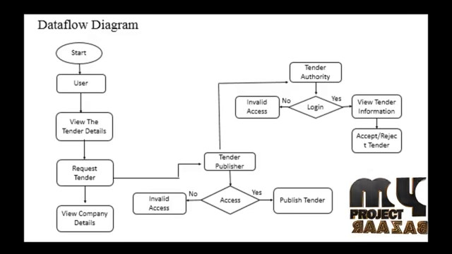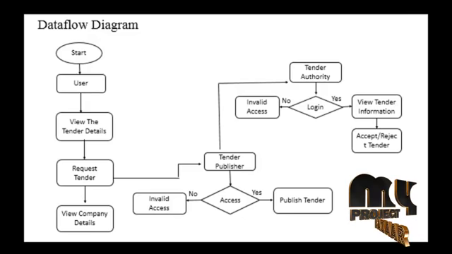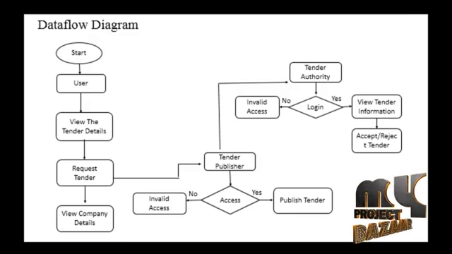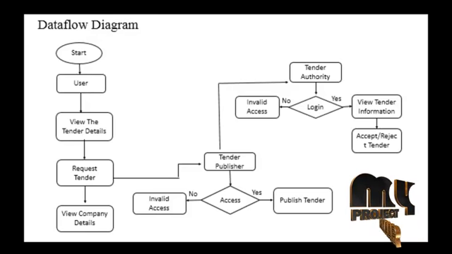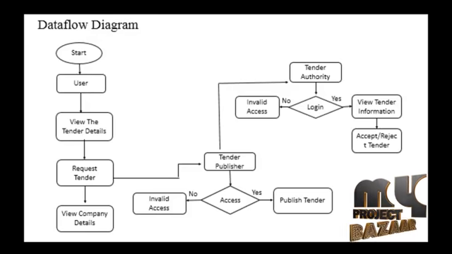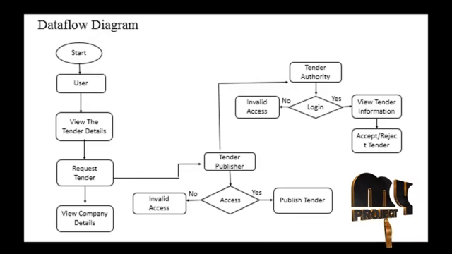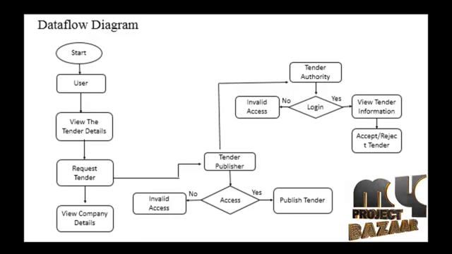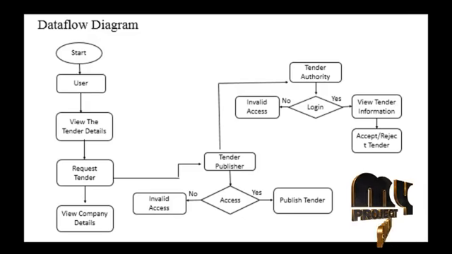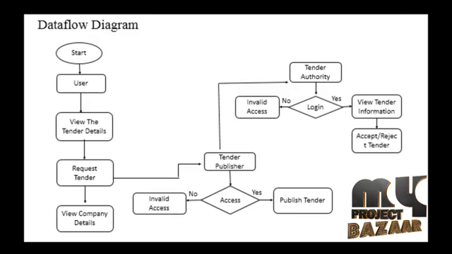He or she has the right to accept or reject the tender. The tender authority also logs in with his or her own username and password. This module views the tender information and accepts or rejects the tender. If accepted, the tender goes to tender publishing.